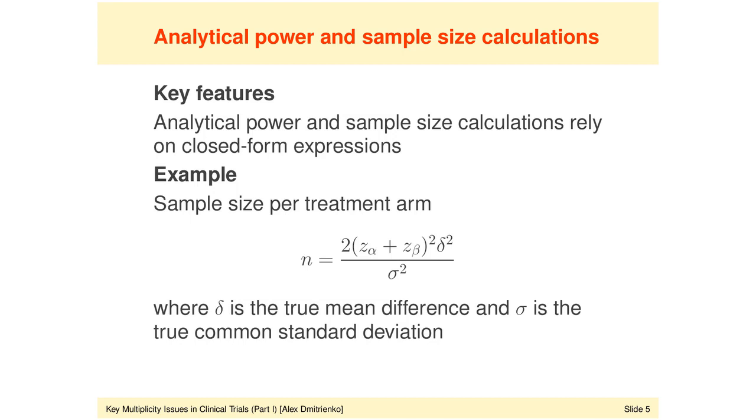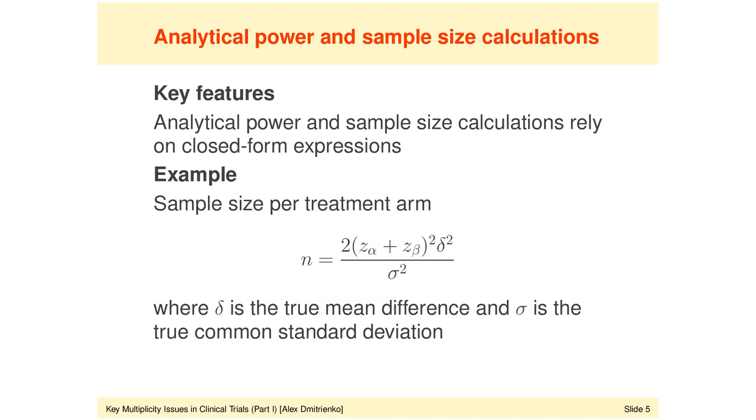Standard sample size calculations, as you know, are based on analytical solutions or closed form expressions. And generally, you expect to have a formula which you would apply to compute the number of patients or number of events in a trial with a time to event outcome. This formula that you see on this slide is a standard formula used in trials with a normally distributed endpoint.